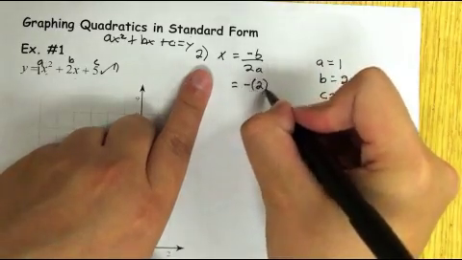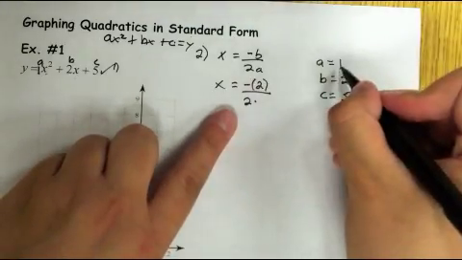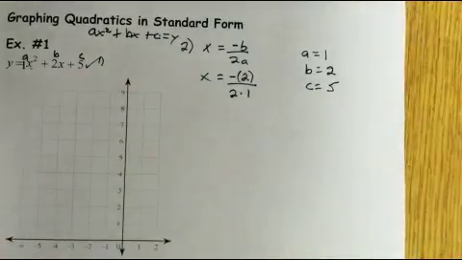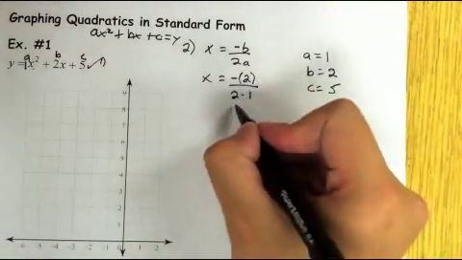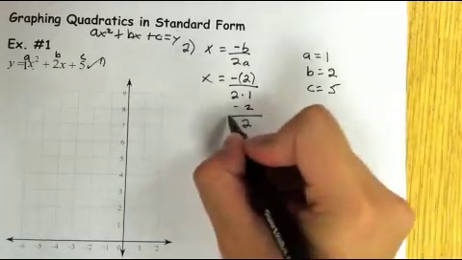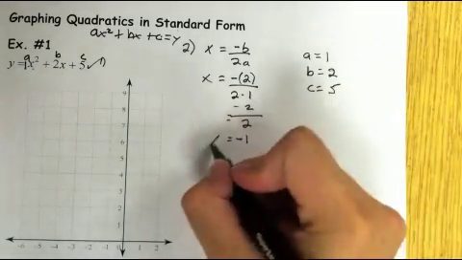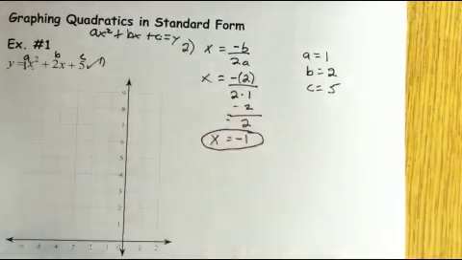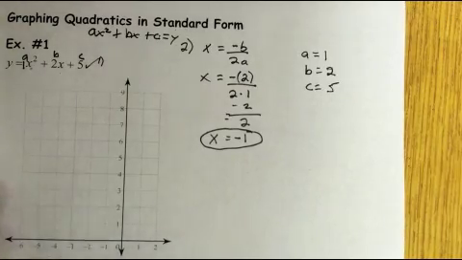Open parentheses 2 over 2 times 1. Easy enough? Now we just got to simplify. It's negative 2 over, what's 2 times 1? 2. Which equals negative 1. So x equals negative 1. So that's part of our vertex.